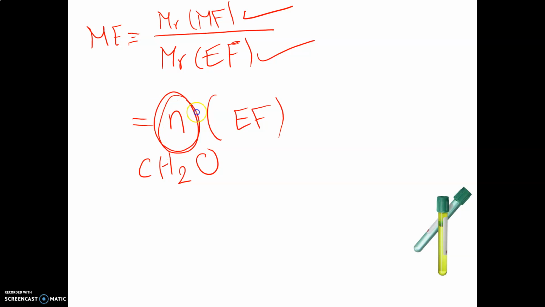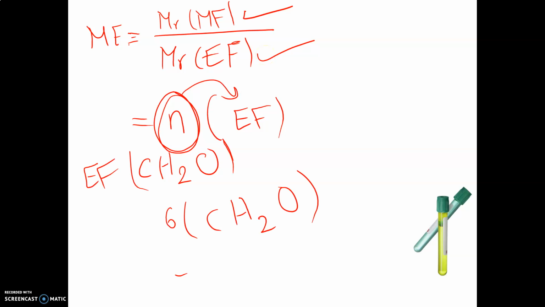The ratio between both of them, when you divide, you just multiply into the empirical formula. For example, we have the empirical formula of glucose, which is CH2O, and when you multiply by the number of that ratio, which is n, it becomes C6H12O6.